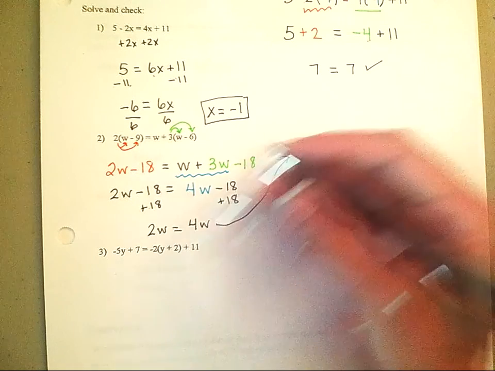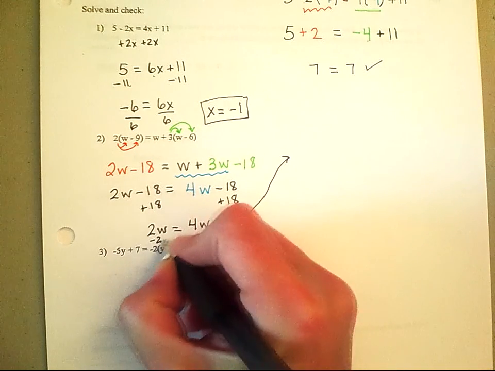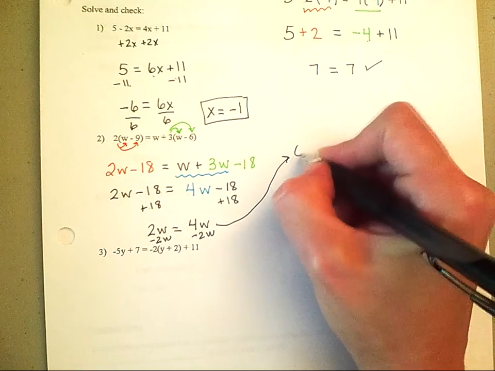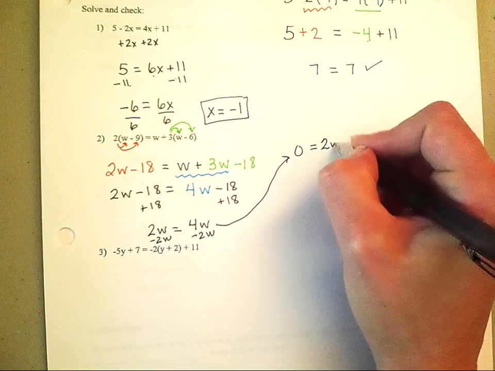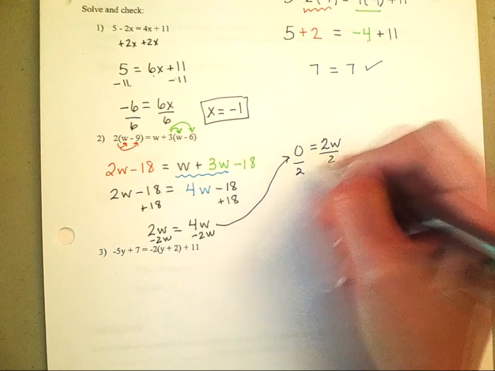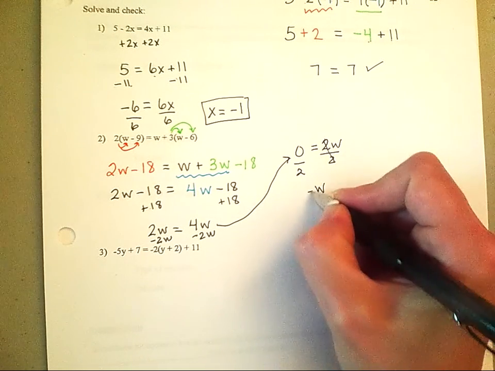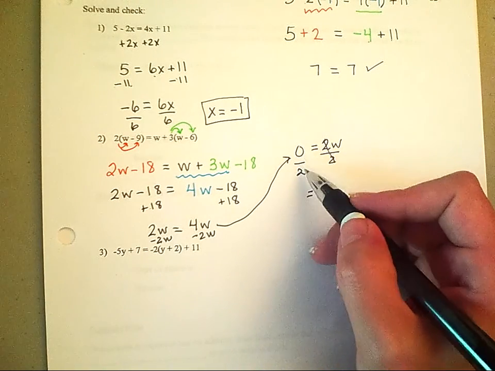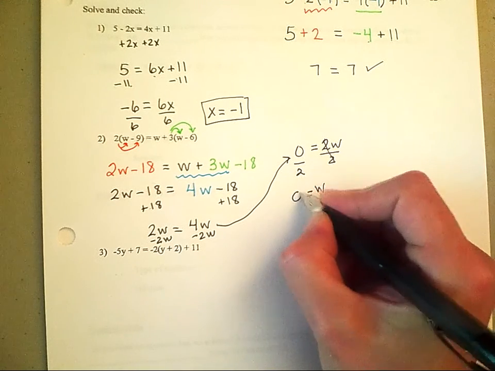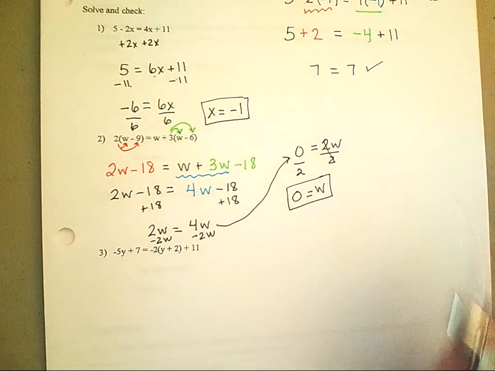Now let's subtract 2w from both sides. So on the right hand side we'll get 0 is equal to 2w. And now dividing through by 2, we'll get w is equal to, well, 0 divided by anything except 0 is 0.